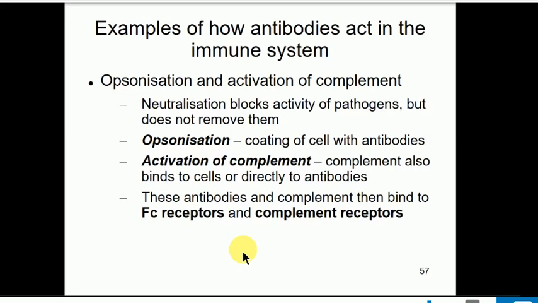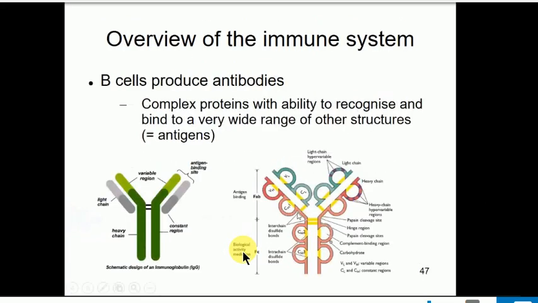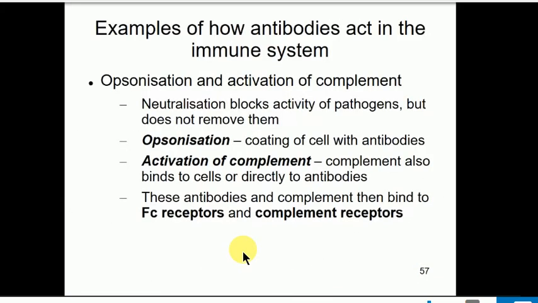Why is this useful? It's useful because certain cells in the body contain receptors that recognize antibodies, and they particularly recognize the Fc part of the chain. Remember, just to go back to that diagram, this one here, the Fc part is the tail of the antibody. This is the head up here. This is the tail of the antibody. So this is the part that's recognized by particular receptors in the body called Fc receptors.